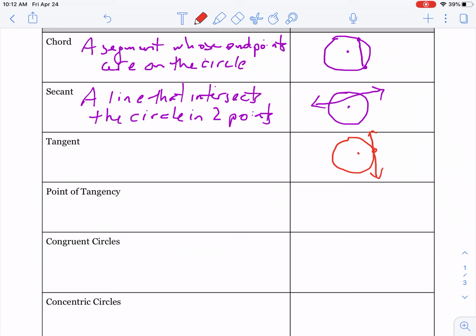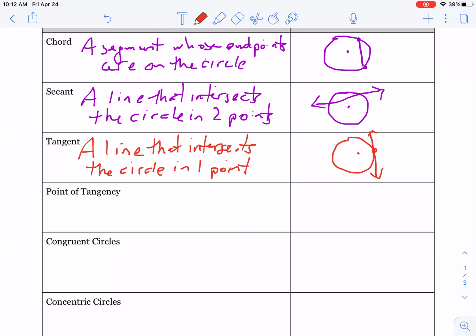So when we define it, it's a line that intersects the circle in 1 point. So notice the difference between these two. This is 1 point for tangent, and it's 2 points for secant.